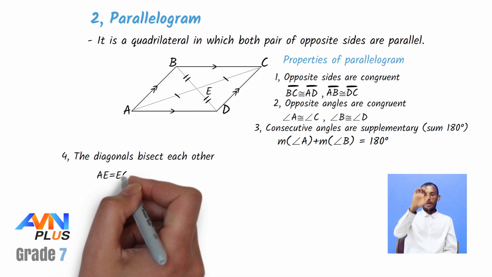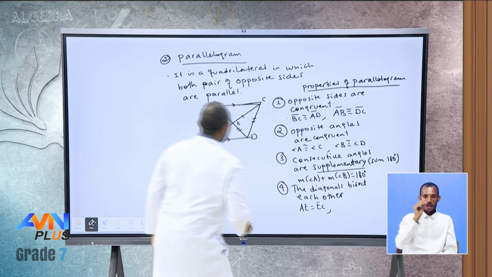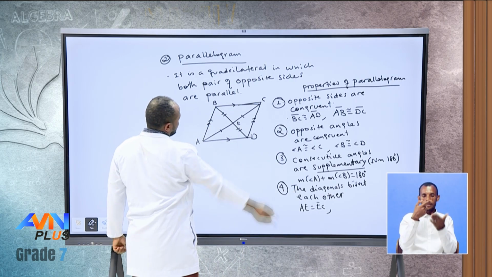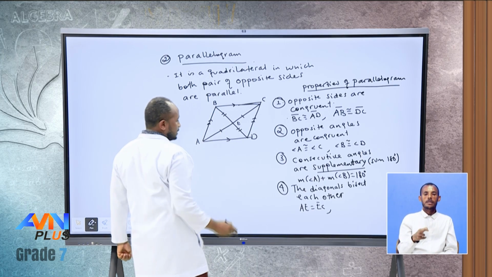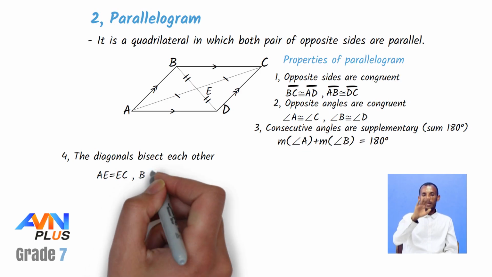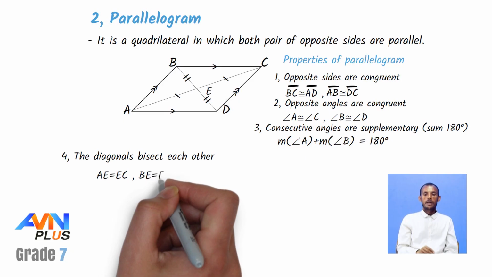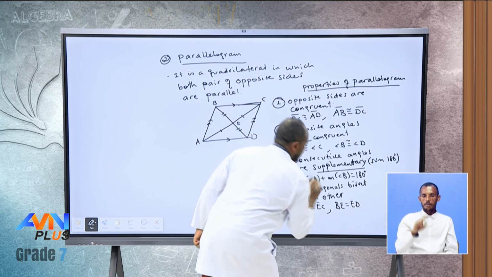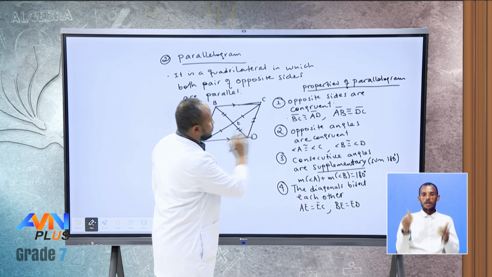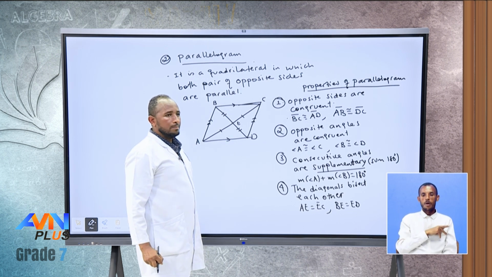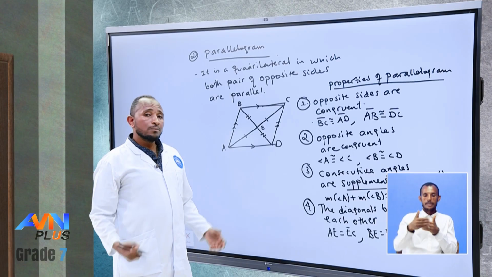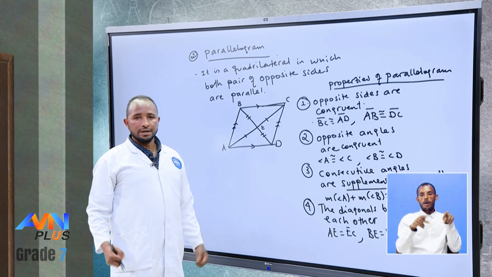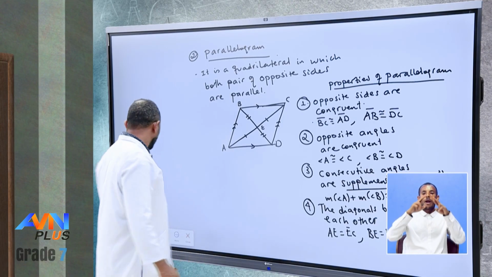Lengths AE and EC are equal. Again, this diagonal BD is also bisected. So lengths BE and ED are equal. So these are the properties of a parallelogram, and then I'll proceed to the next special parallelogram. We call it a rectangle. We'll proceed to that.